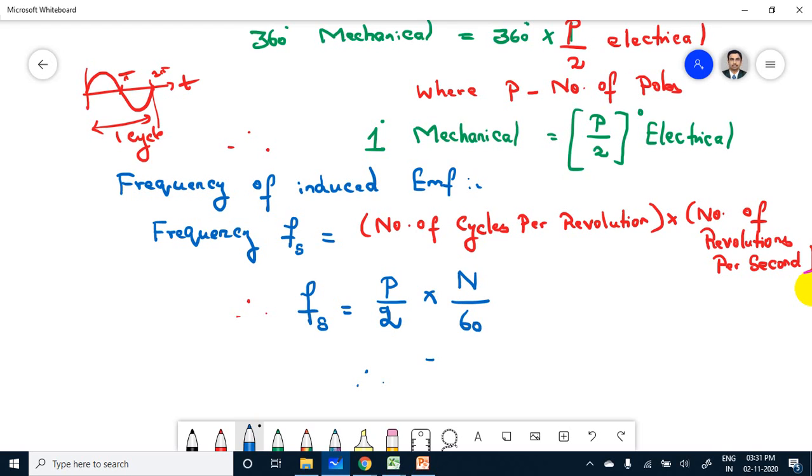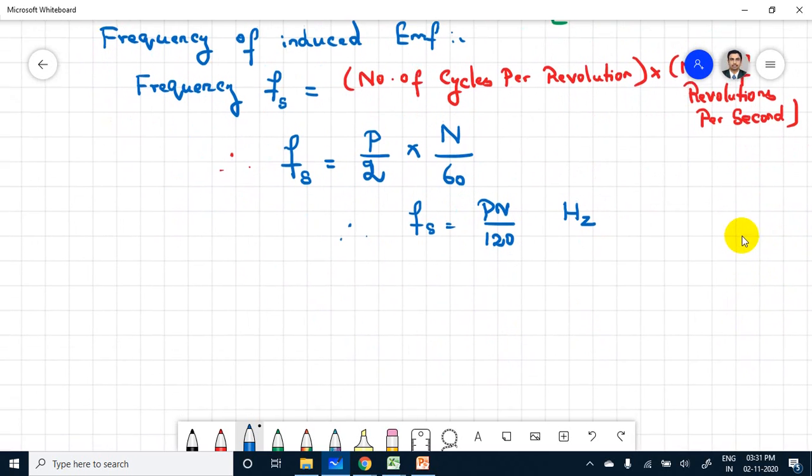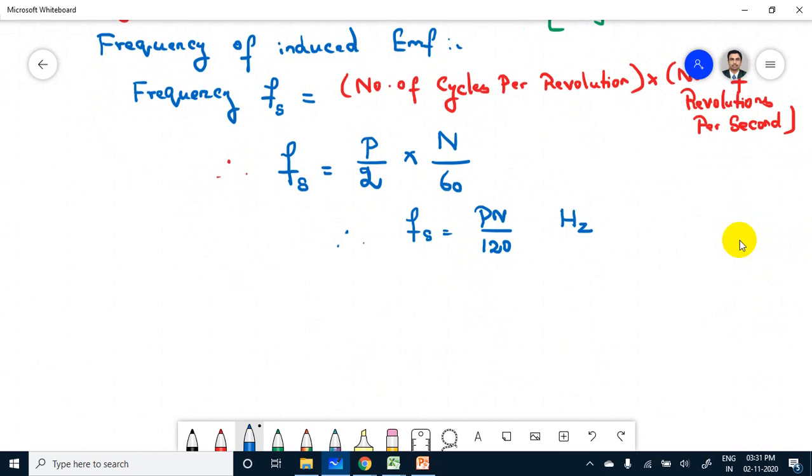Therefore Fs is equal to P n by 2 into 60, which gives 120, so Fs = P n by 120 hertz. The unit here is hertz, or we can mention cycles per second.